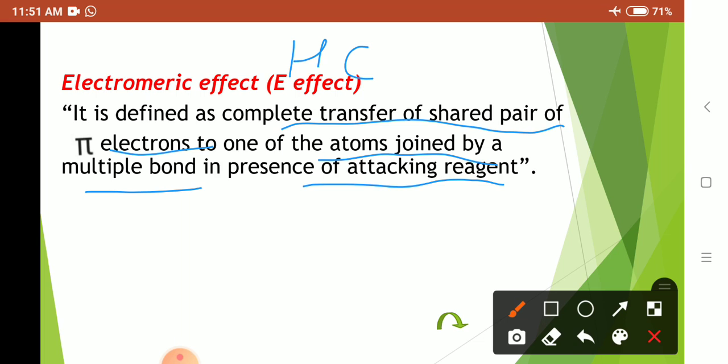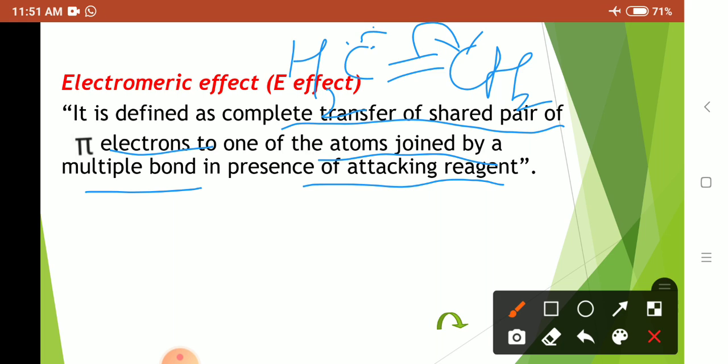If you have the pi electrons, double bond, CH2 double bond CH2, ethene. In presence of the attacking reagent, these pi electrons are transferred to one of the atoms joined by the multiple bond, means they may be transferred to this carbon or this carbon. It depends upon the attacking reagent.